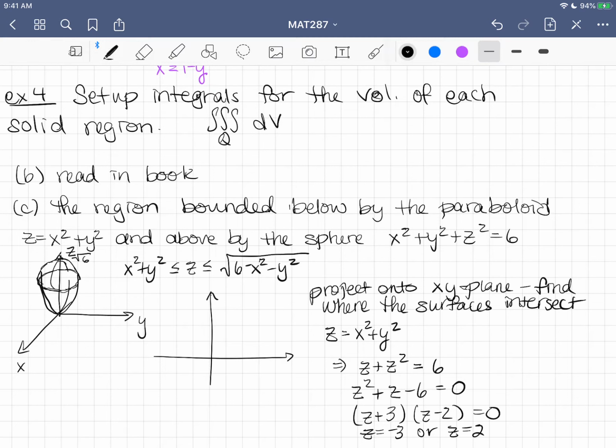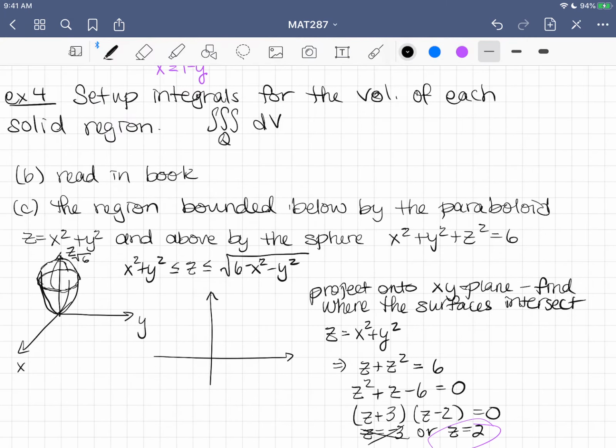Now I look back up here at what's happening. I know that z is not negative because we're looking at the positive z values. So z equals negative 3 can't happen, so it must be that z equals 2 is when my surfaces intersect.